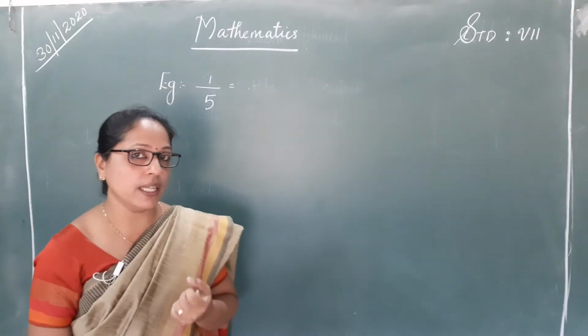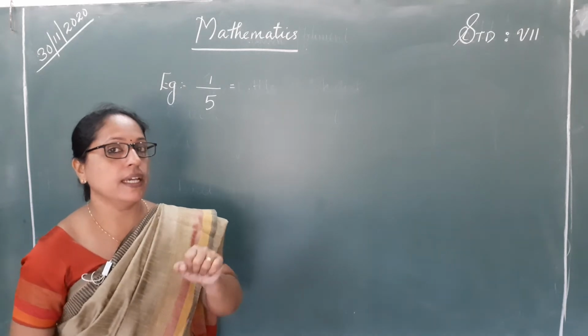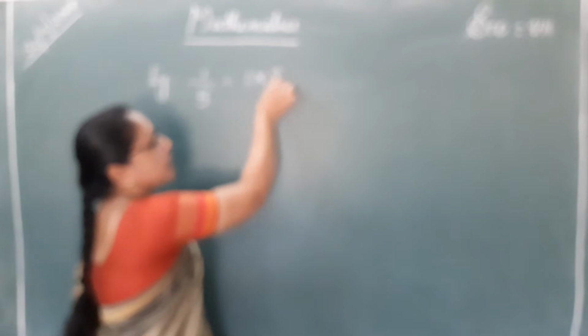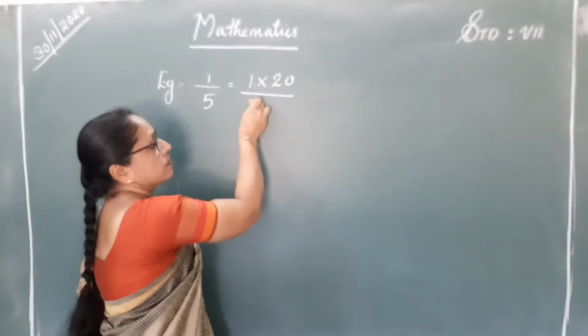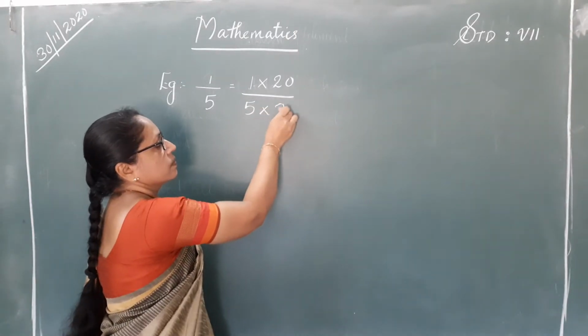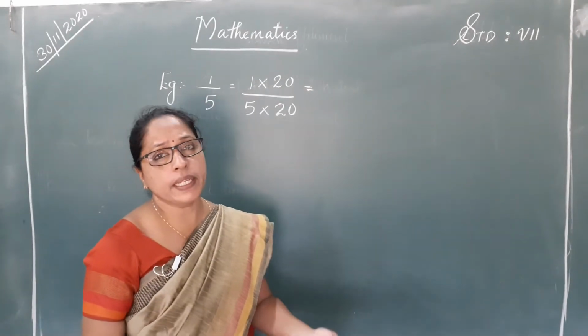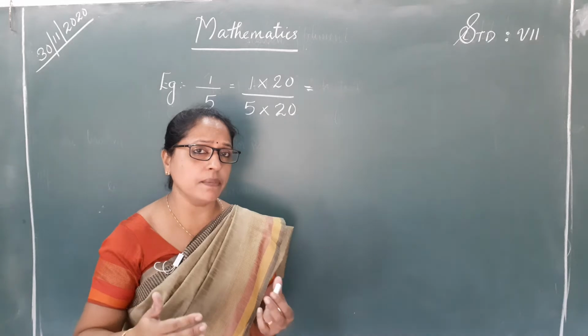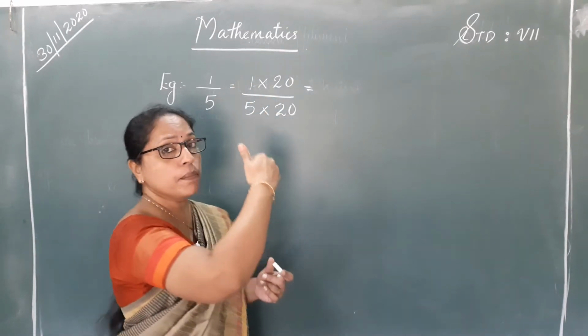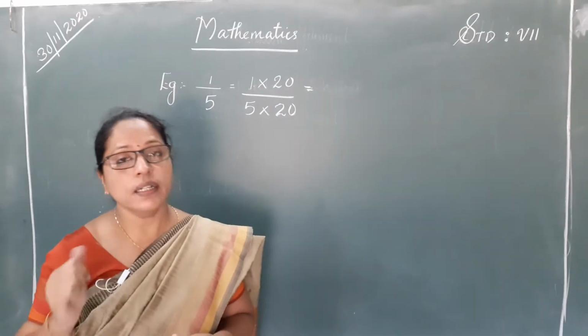Can you tell? Yes, we have to multiply by 20. Equivalent fractions can be created by multiplying the same number in the numerator and denominator.